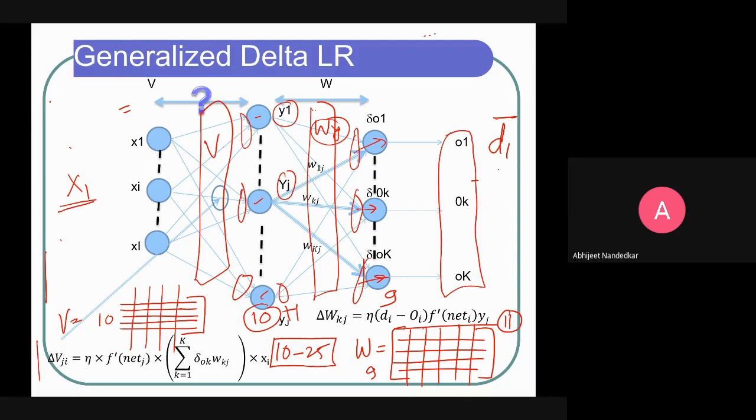This final output is compared with the desired vector and error is computed. Okay, so you know error is d minus o, half square summed over all the units. So this error is computed and then the actual training using backpropagation starts.